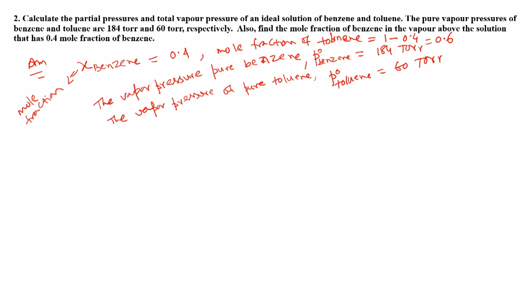So we need to calculate total vapor pressure. In order to calculate total vapor pressure, like the previous problem, we need to calculate P benzene and P toluene.